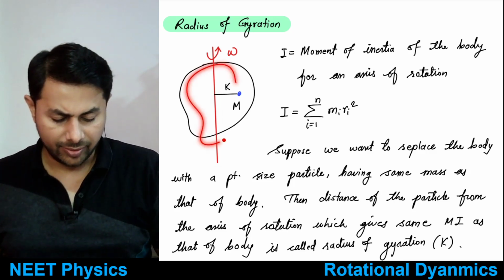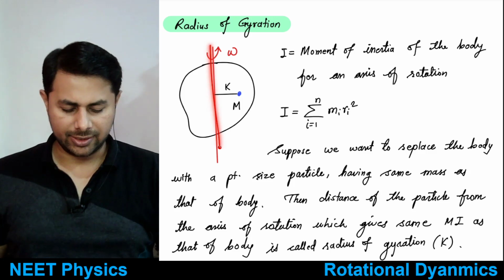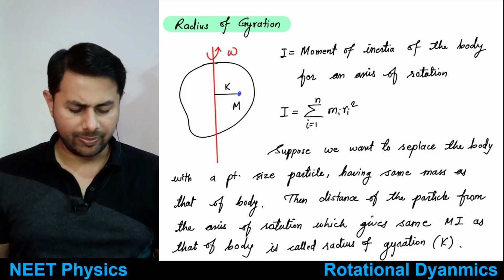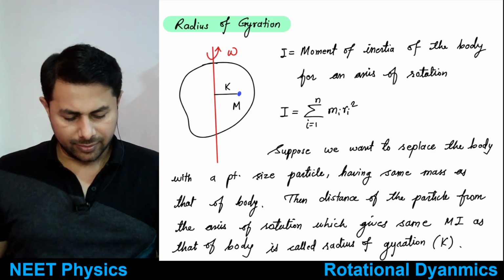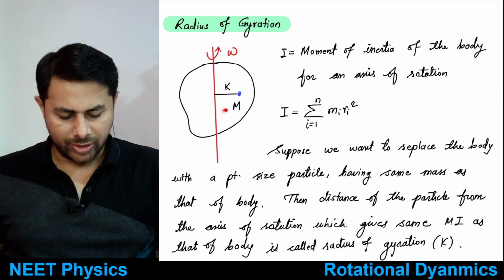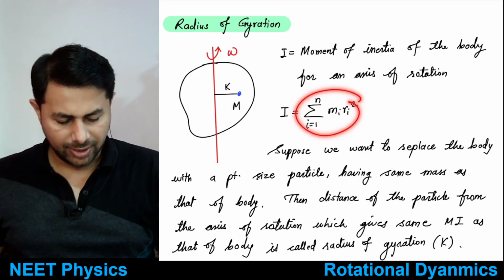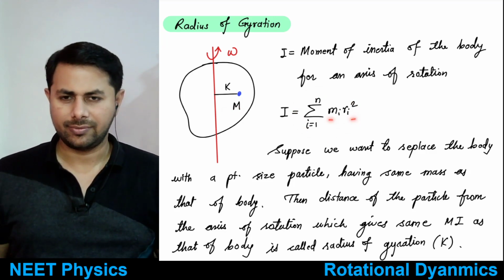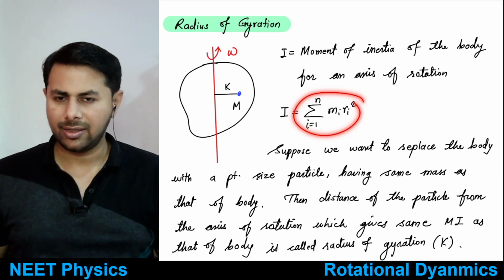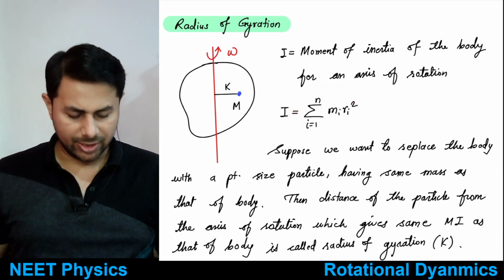Suppose this is a body and it's rotating about this axis as shown in the figure. It can pass through any point. Now the moment of inertia of this body is given by this formula: summation of mi ri square. This is moment of inertia.